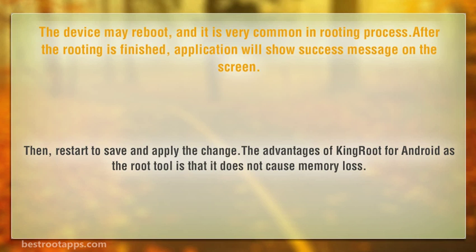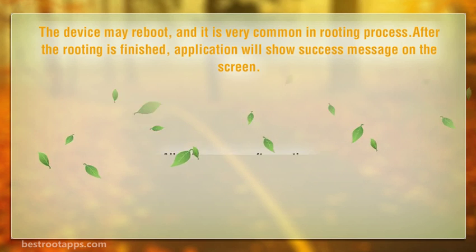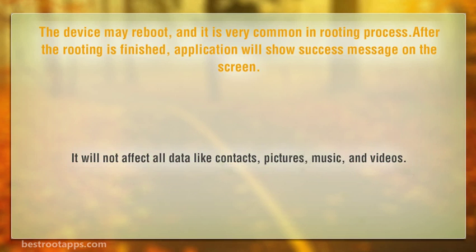The advantage of Kingroot for Android as a root tool is that it does not cause memory loss. All data are saved after rooting. It will not affect data like contacts, pictures, music, and videos.